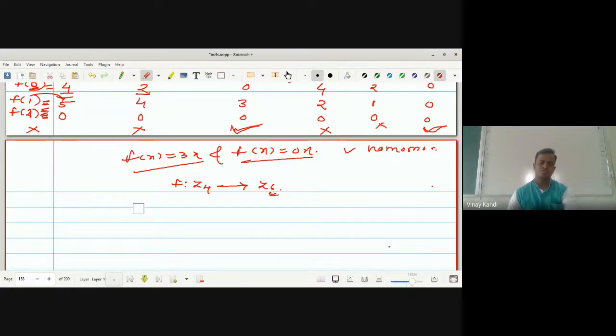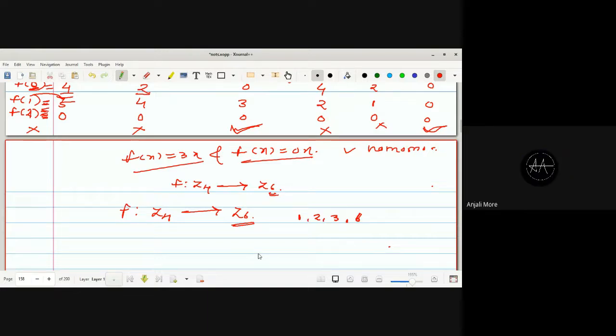f is the function from Z4 to Z6. What are the possible orders in Z6? 1, and the divisors of 6: 1, 2, 3 and 6. Is it correct?